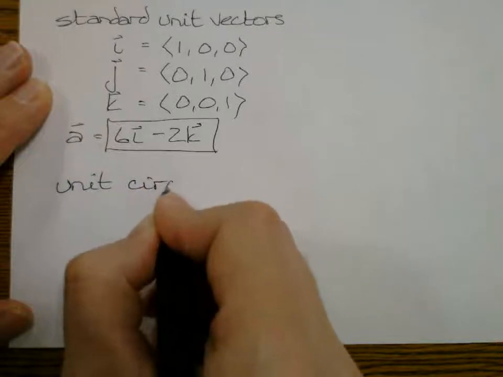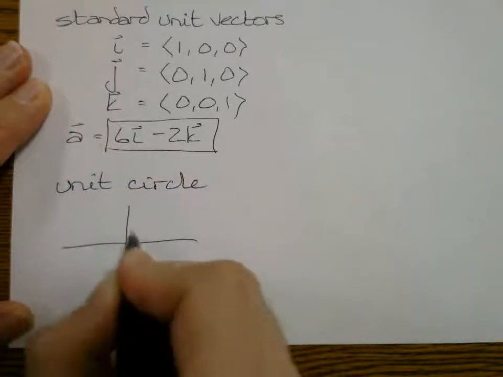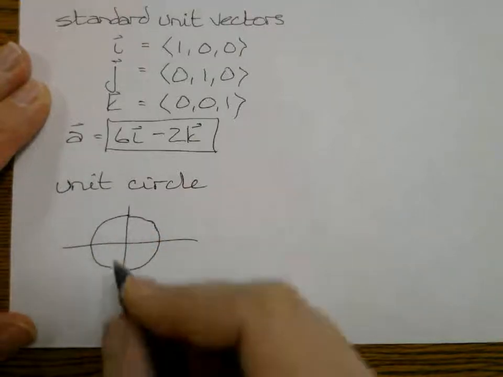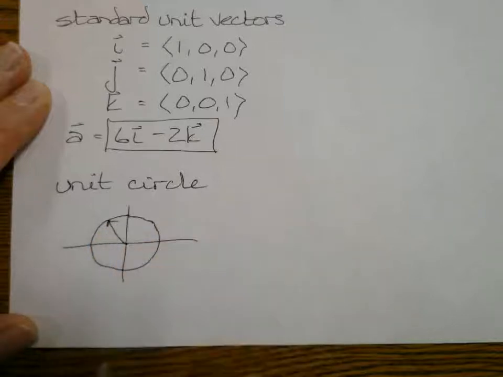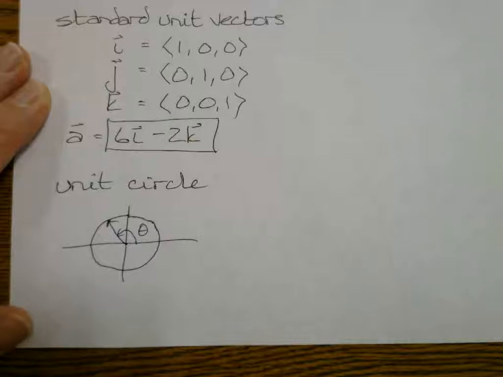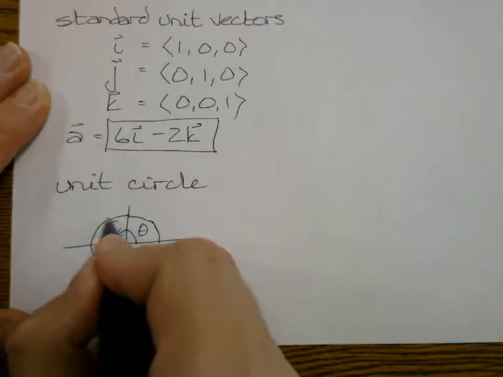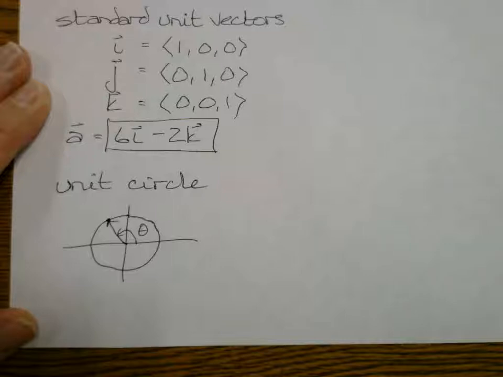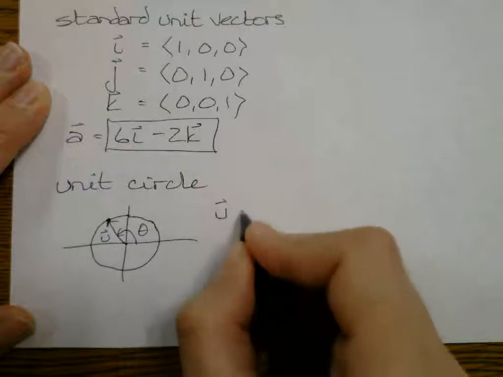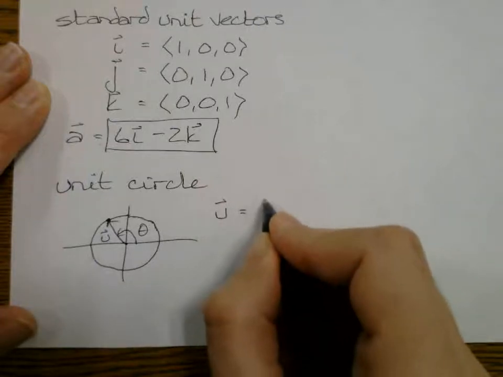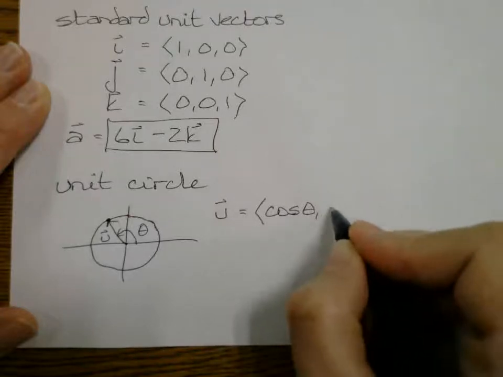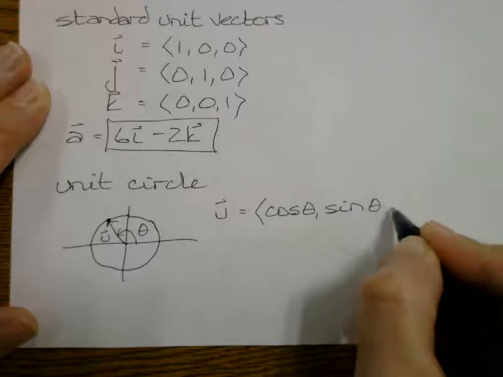If we have a unit circle and a vector in standard position, with an angle, by definition of the unit circle, I'm going to name this vector u. As you've seen in other contexts, it has coordinates: the x coordinate is the cosine, and the y coordinate is the sine of whatever that angle is.